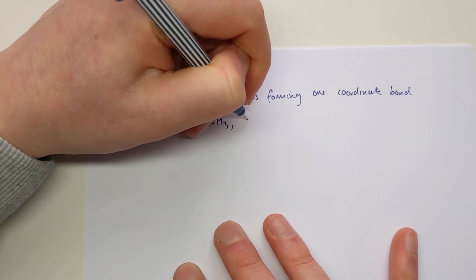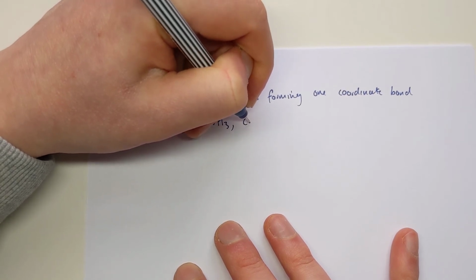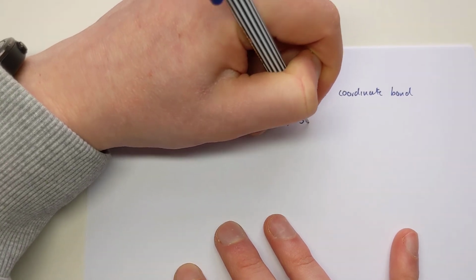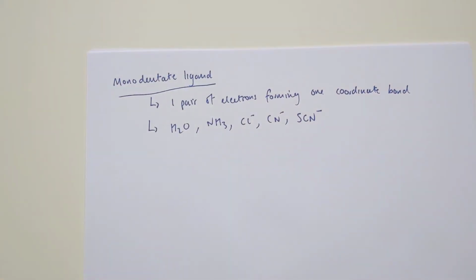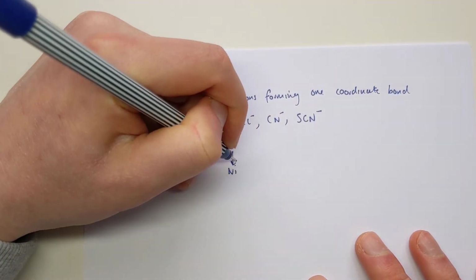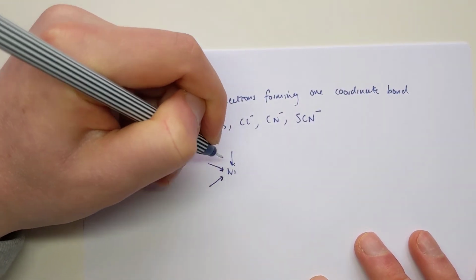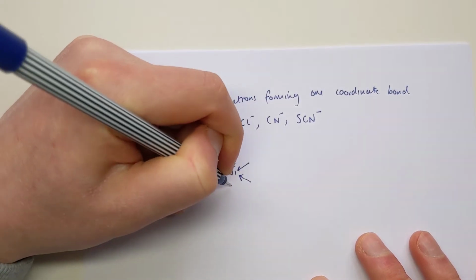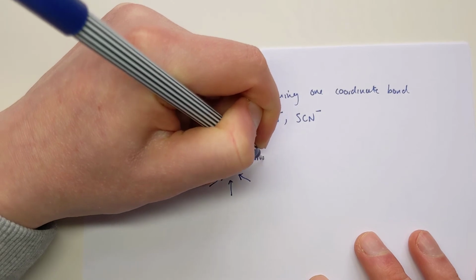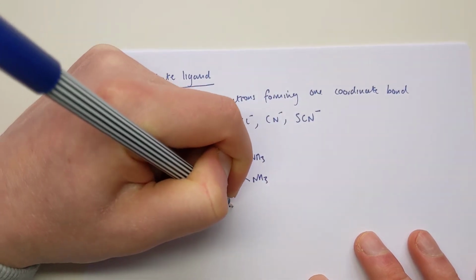Even the negatively charged ones still only form a bond with 1 lone pair. So chloride ions, your cyanide ions, your thiocyanate ions as well. So to give an example of that, if I have nickel with 6 ammonias attached to it, I form 6 coordinate bonds, but importantly, each one of those ammonias is only forming 1 interaction with the nickel.